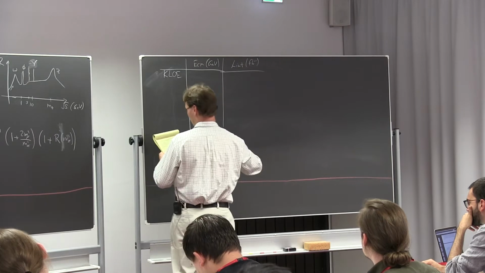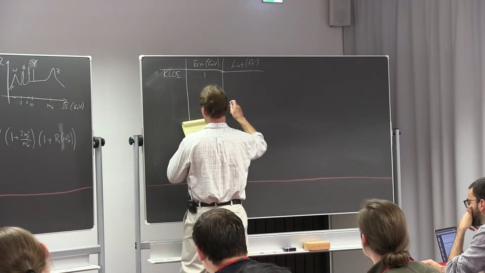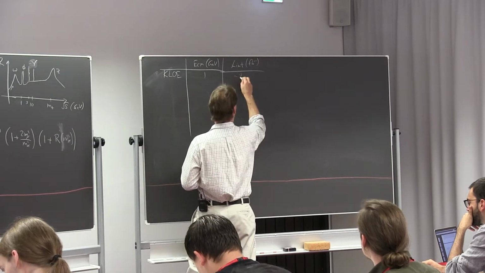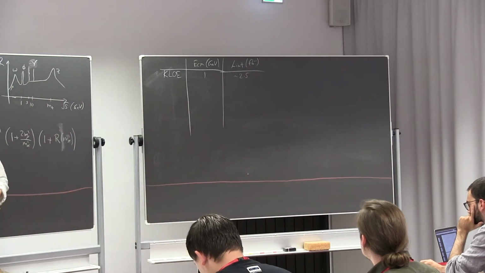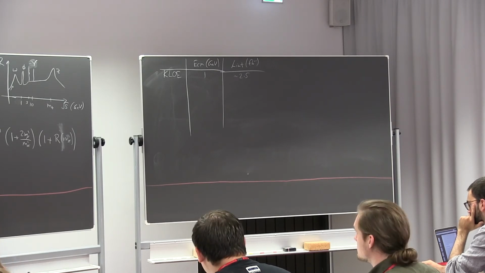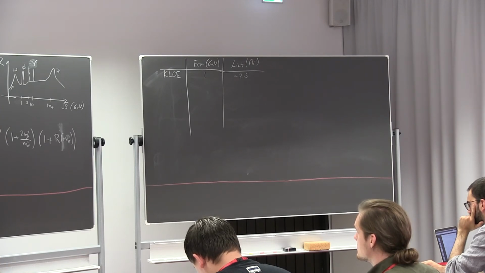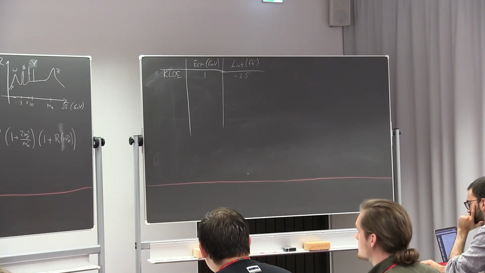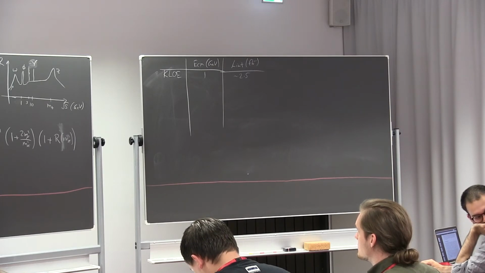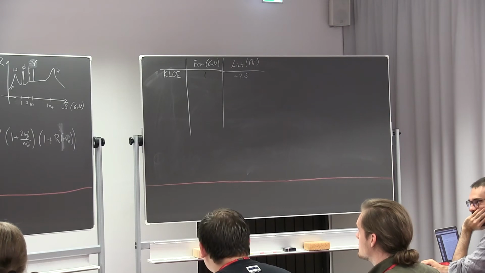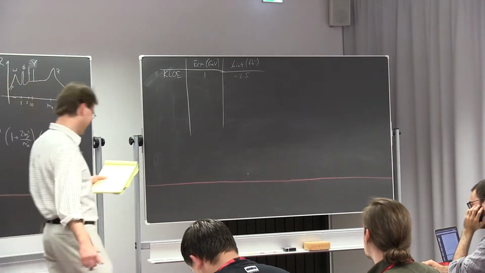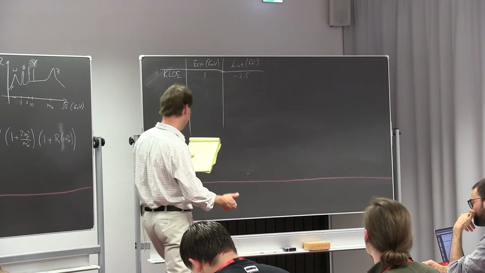So KLOE at DAFNE sits at 1 GeV. It has an integrated luminosity of about 2.5 inverse femtobarn. Does everyone know about integrated luminosity and luminosities? Yeah, okay. Maybe Tao will talk about that more. Tao, are you going to explain integrated luminosities and all that? Oh, you did already? Great. I missed your lecture, I'm sorry. So everyone knows this, okay, good.